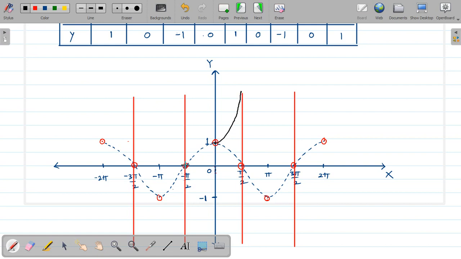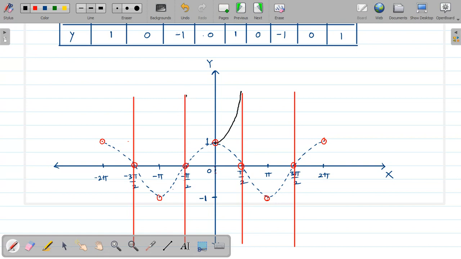Now from minus pi by 2 to 0, see here, from minus pi by 2 to 0, cos function is increasing, and sec x is the reciprocal of cos x. So as cos x is increasing, sec x is decreasing. So now for minus pi by 2, sec x is infinity. So here just I will show for minus pi by 2 sec x is infinity.